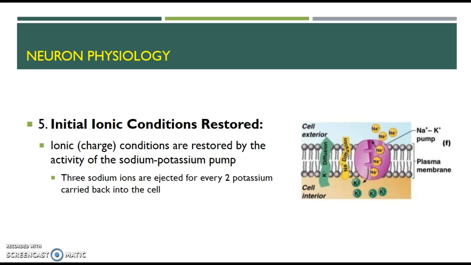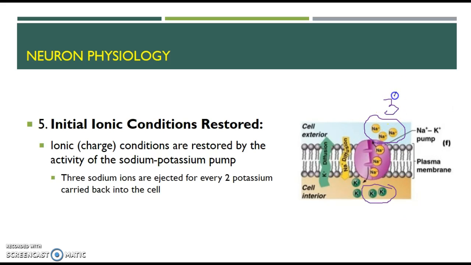The sodium-potassium pumps are found all along the neuron, and what they do is they take 3 sodiums from inside of the cell and push them outside of the cell. At the same time, they take 2 potassiums and bring them back into the cell. Now you can do basic math.